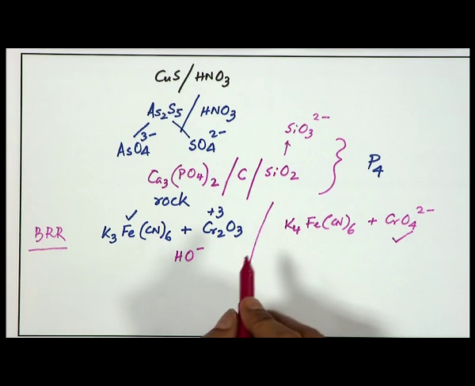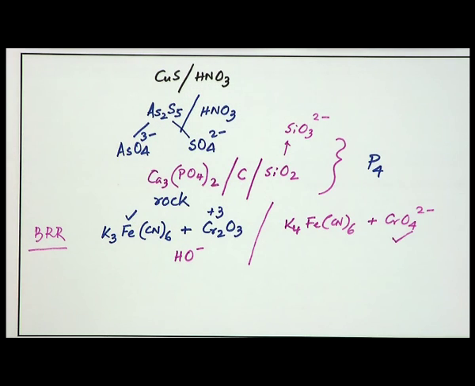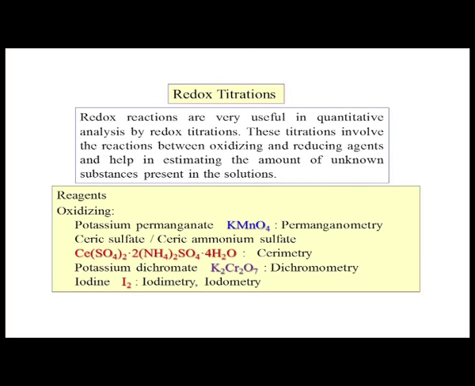Now quickly we should see how these balanced redox reactions can be helpful for our redox titrations. Redox titrations are the utilization of redox reactions, that is, how we can handle a particular redox reaction for titration purpose. Titration means how we can find out the unknown concentration.